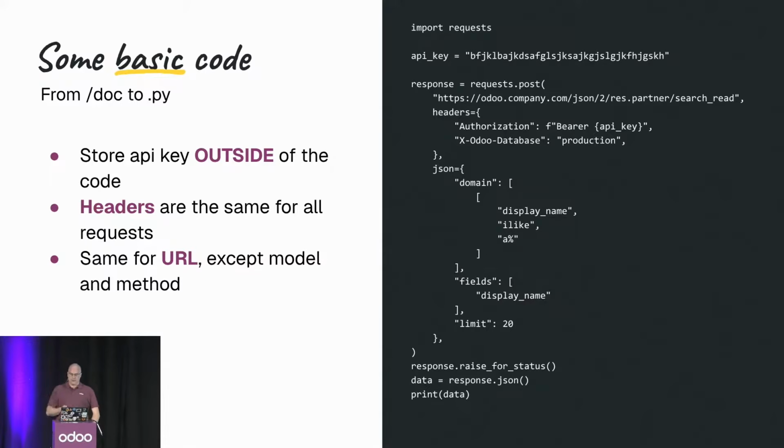And the URL is the same for every request. The only thing that is changing is the last two parameters in the request, which are the model and the method.